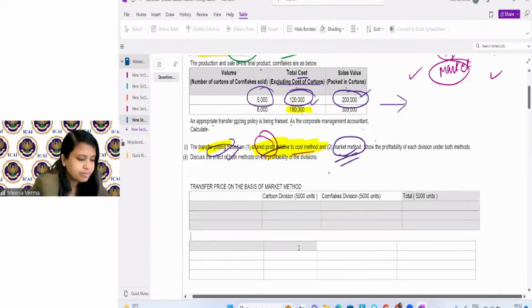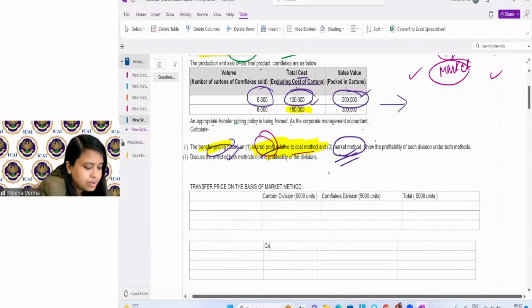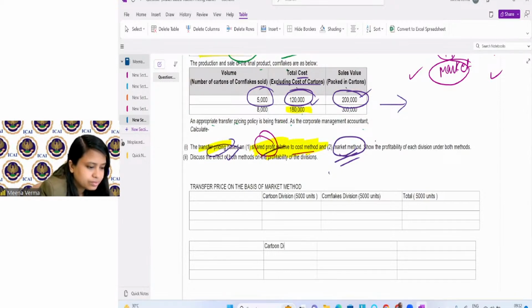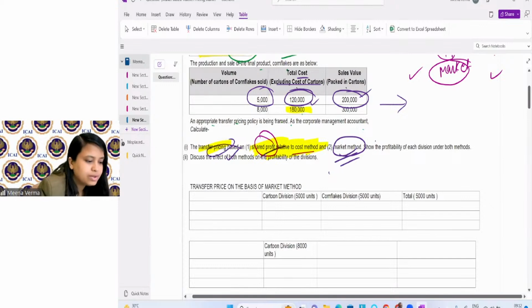Here we will do the calculation for 8,000 units.